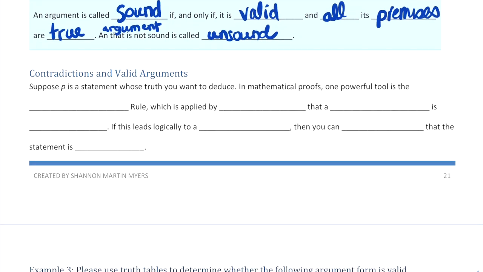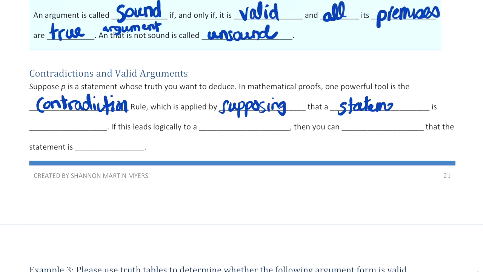Contradictions and valid arguments. Suppose P is a statement whose truth you want to deduce. In mathematical proofs, one powerful tool is the contradiction rule, which is applied by supposing that a statement is false.